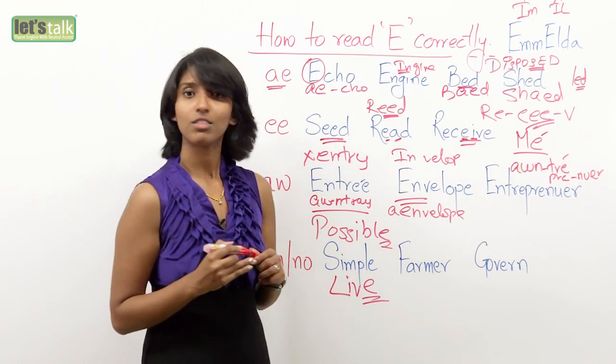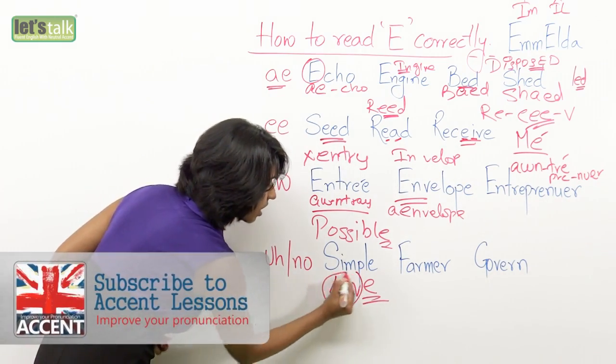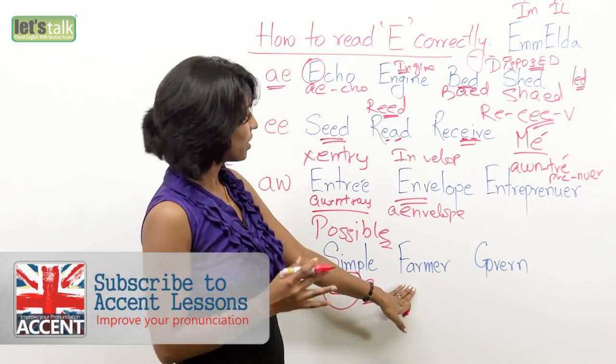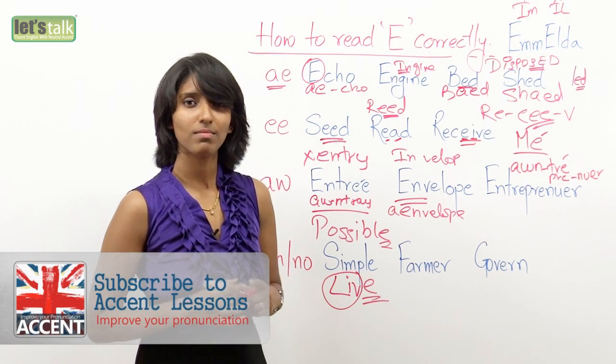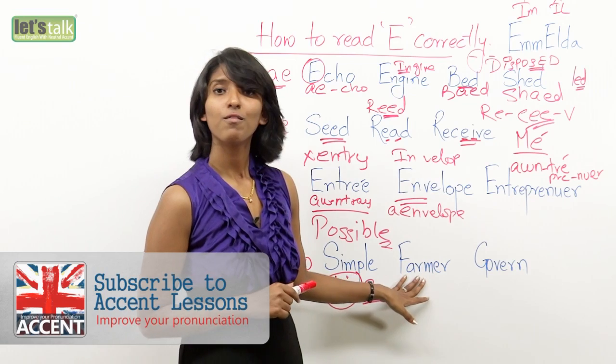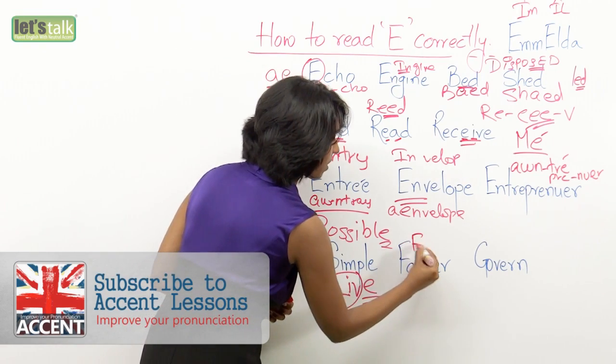Live. Again, you don't hear the E sound. You hear only this portion. Live. Let's look at this word. Farmer. Do you hear the alphabet E? Not really. Farmer.